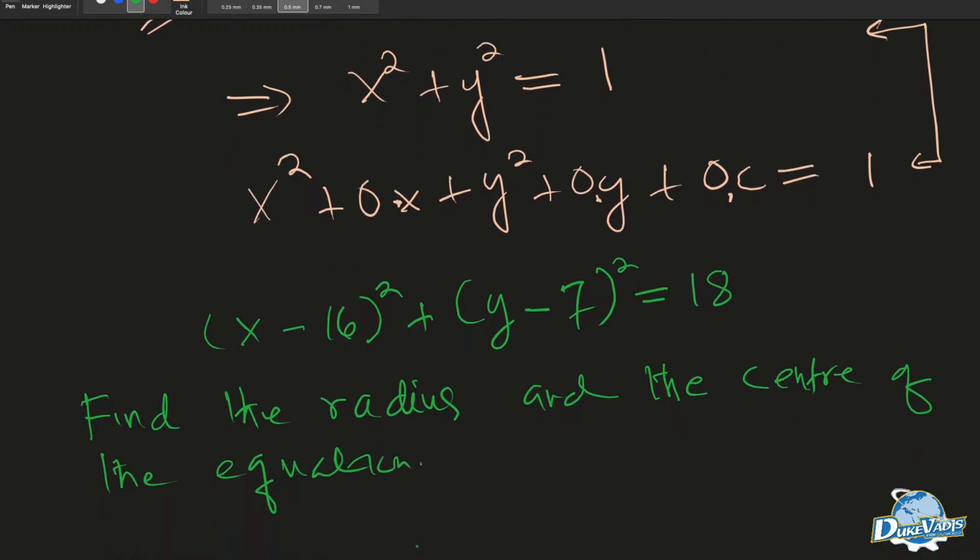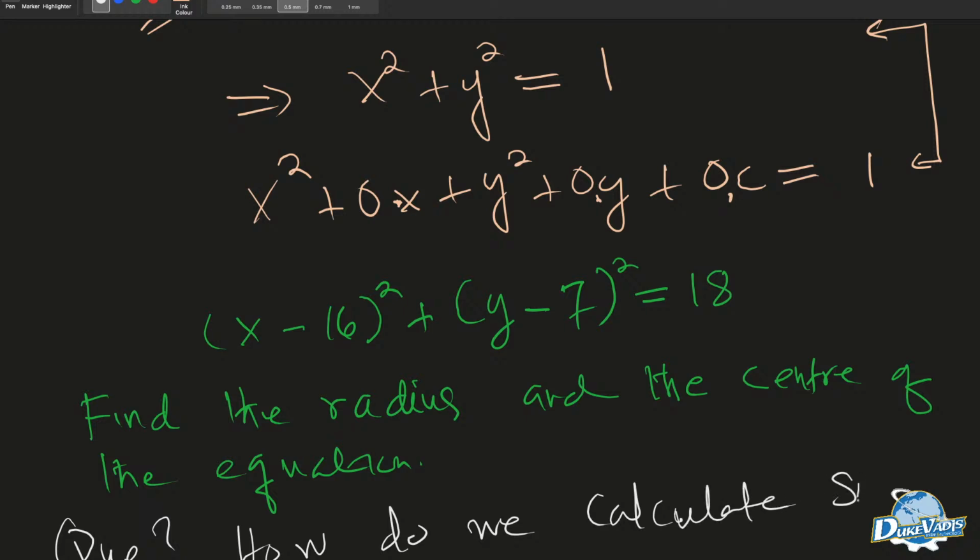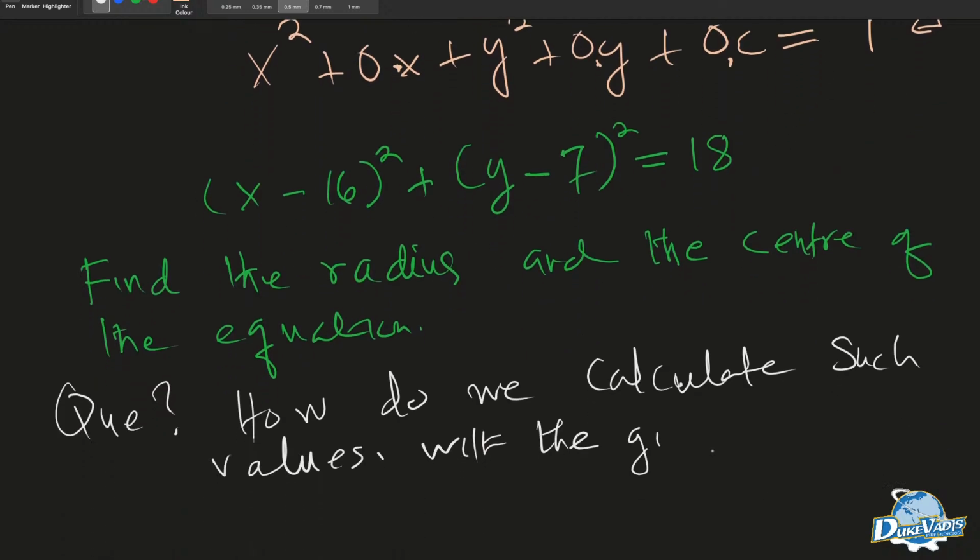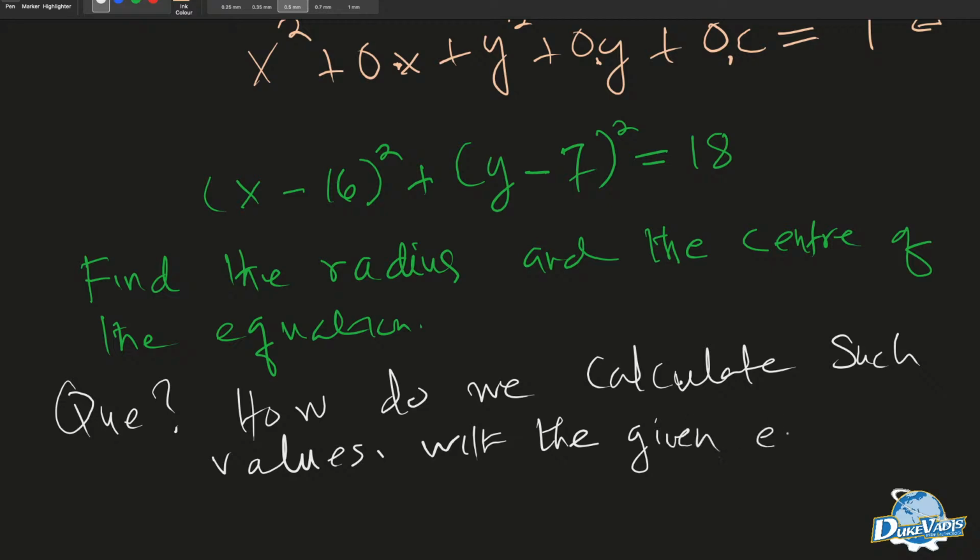So, the question here is, how do we calculate such values with a given equation?